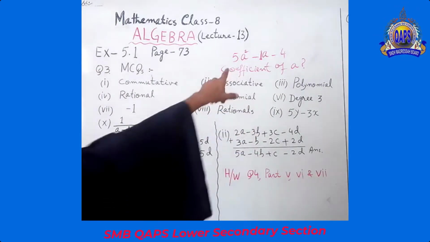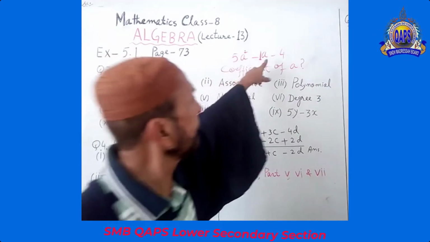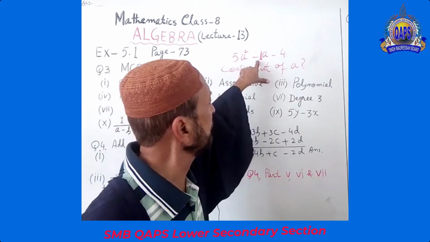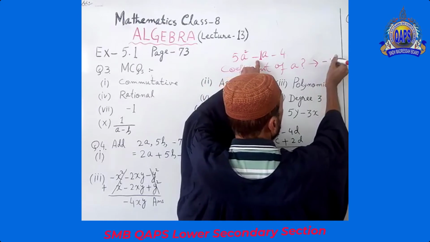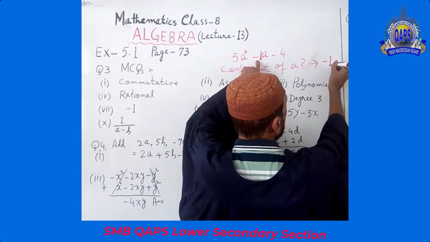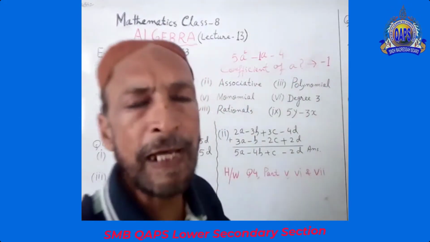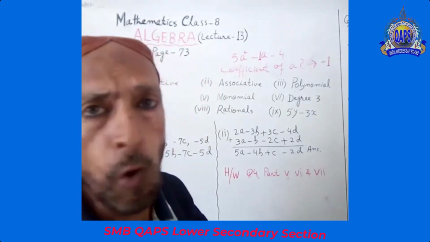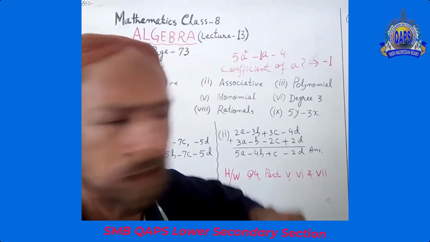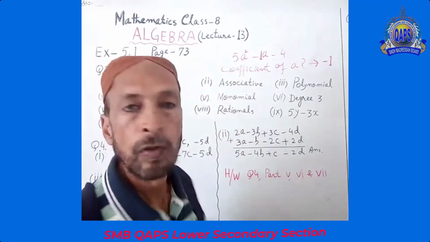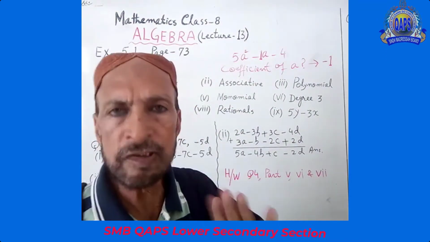It means the coefficient of a is minus 1. If I ask you, what is the coefficient of a square? Answer is 5. You understand?